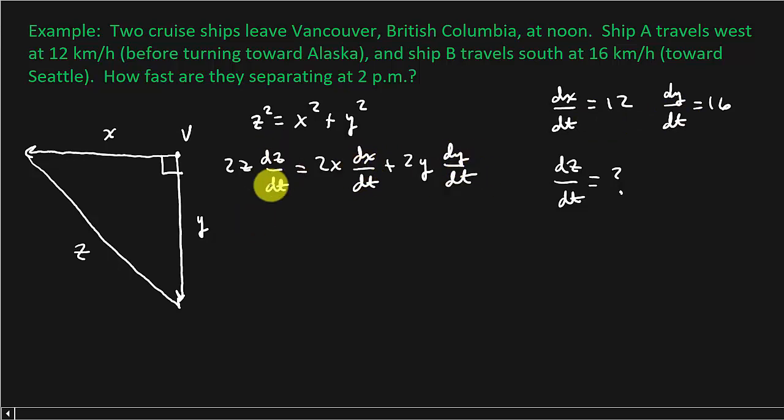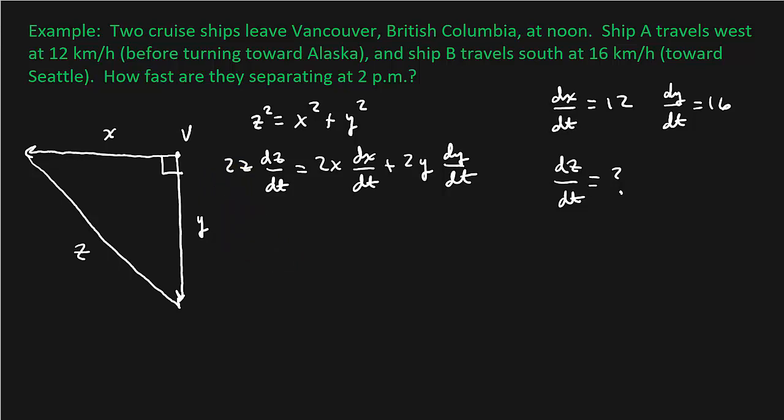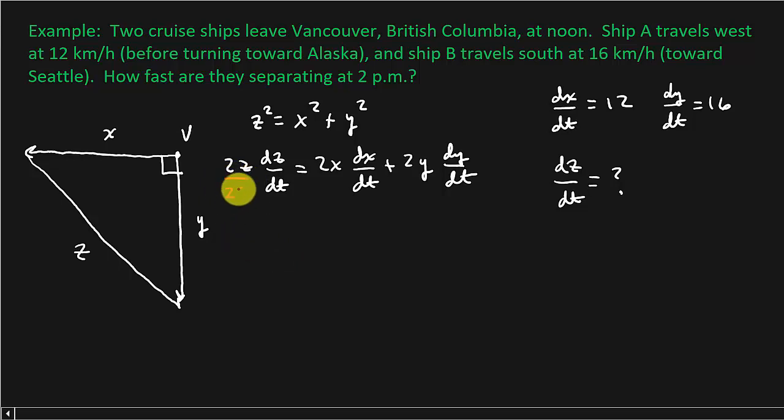And I'm looking for dz/dt, so I could just go ahead and divide everything by 2z. Okay, so how about we do that? Let's divide everything by 2z, and then that way we'll have dz/dt by itself.